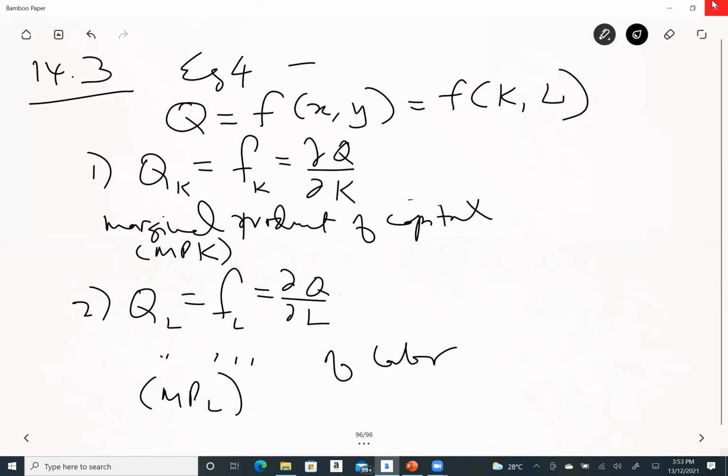What is the partial derivative of Q with respect to K? What do you get? You look at that function. That will be equal to 100. The X is capital, so let's write it back. So 100 K to the power of 1/4, L to the power of 3/4.